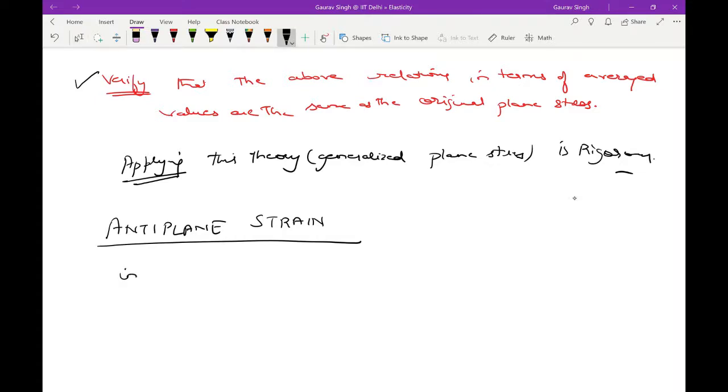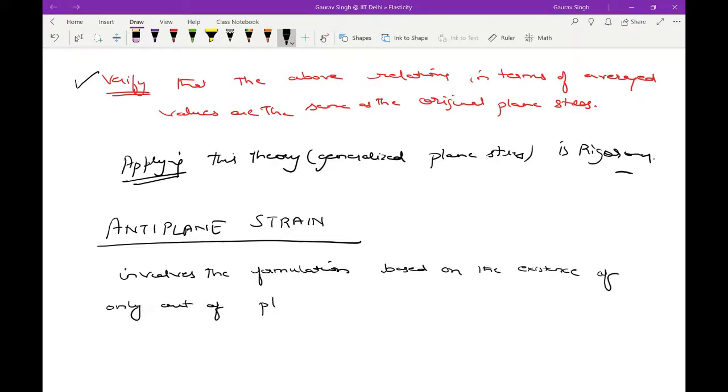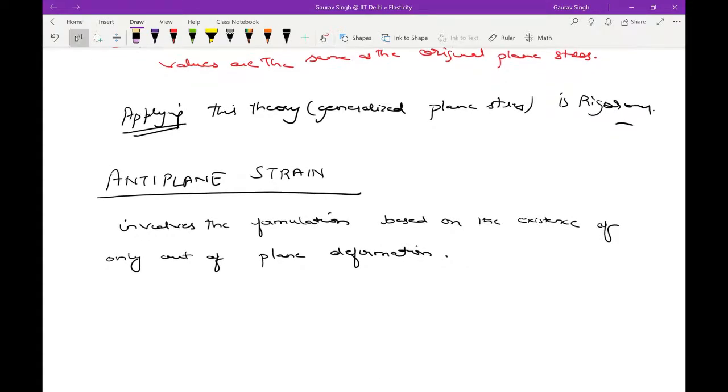It involves the formulation based on the existence of only out of plane deformation. So you have a situation in which only the out of plane deformation exists and the other terms are zero.